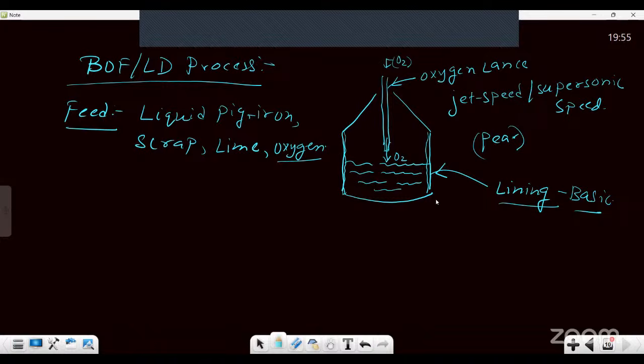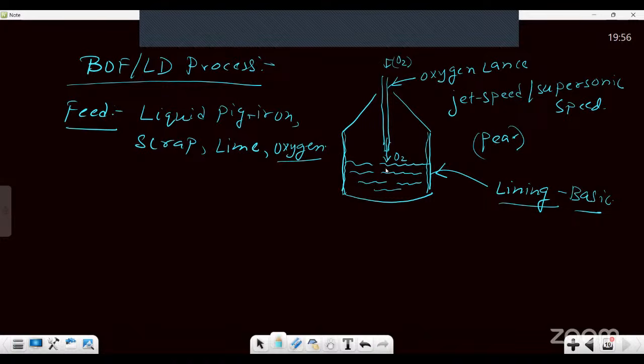Now, sometimes this process has also been improved nowadays. How have we improved the process? See, when the oxygen is passed through the hot metal at a very high speed, which we call supersonic speed, then the oxidation reaction takes place. Everything is all right.